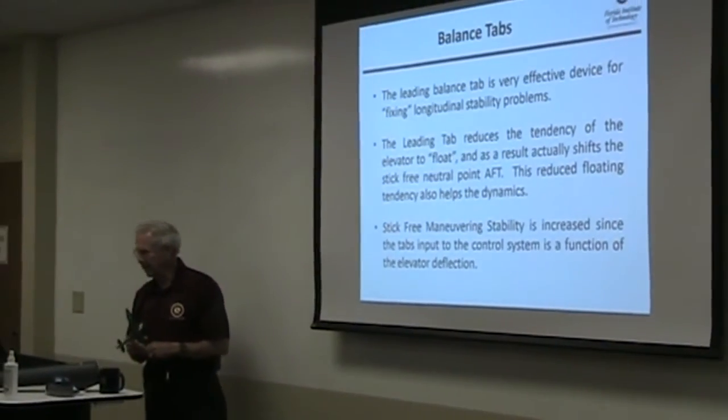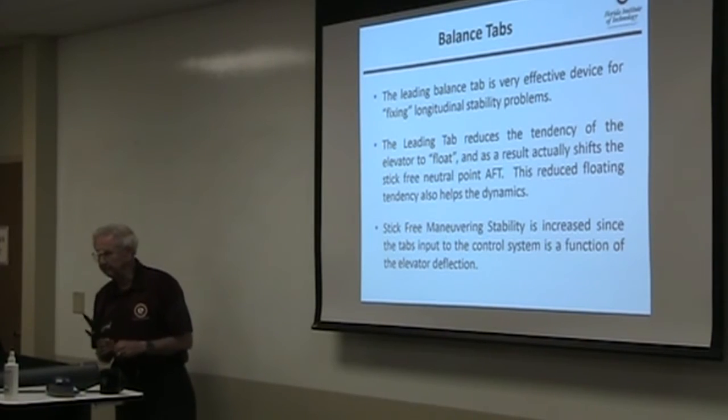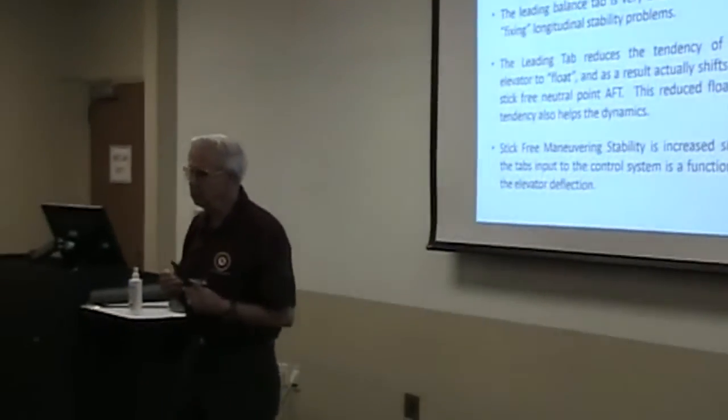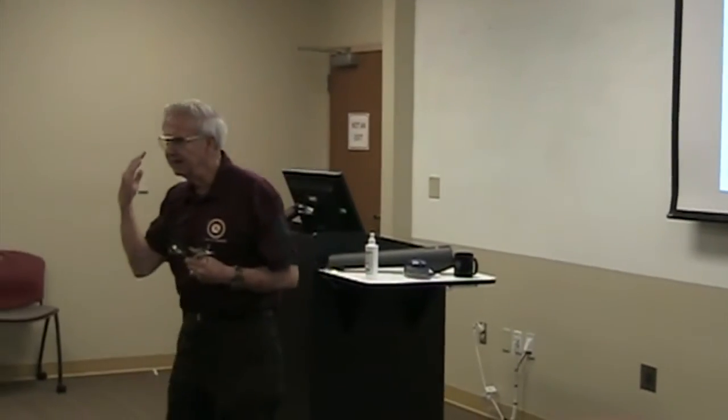Well, the leading balance tab is effective for fixing longitudinal control problems because what does it do? The leading tabs make the elevator want to float back to where it was.